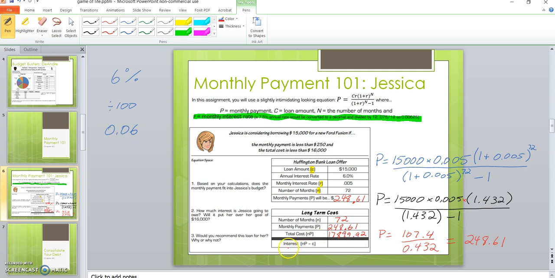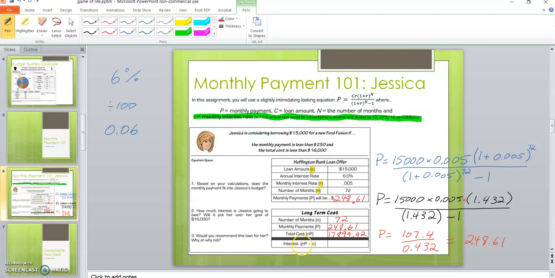Now, for the last step, we need to figure out the interest. The interest is different from the interest rate. A rate is a percentage or a decimal, but the interest is actually the amount of money that Jessica paid in addition to her $15,000 that she received from the bank.